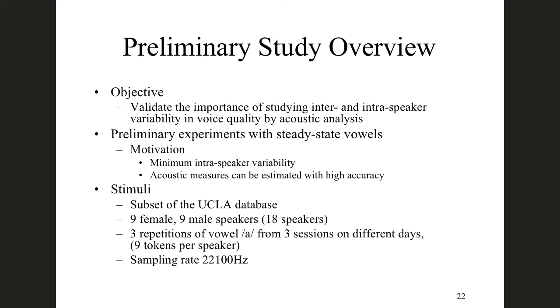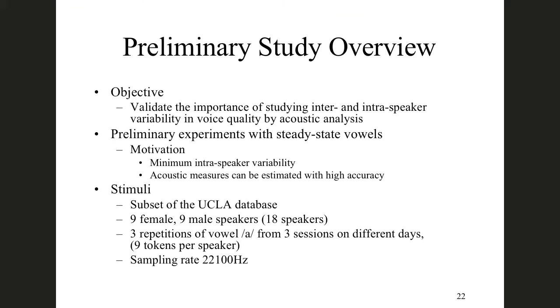So we started looking at the data. We're still analyzing it. It will be available to the public soon. Again, the motivation was to see how much the same person varied across styles and how much they are different from others. Because you normally think that a person sounds like themselves more than they sound like other people, right?